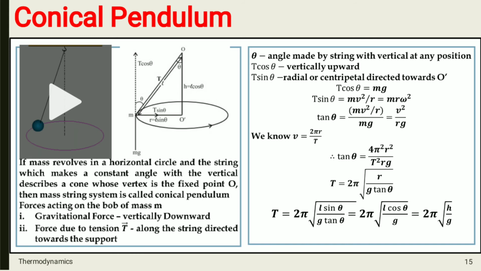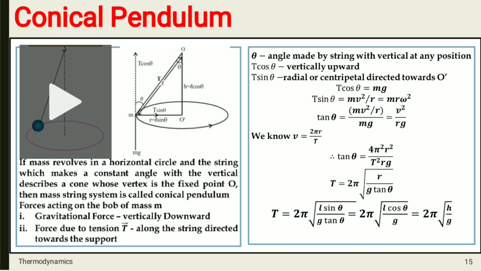But if the mass revolves in a horizontal circle, and the string makes a constant angle with the vertical, describing a cone whose vertex is the fixed point O, then this mass-string system is called a conical pendulum.